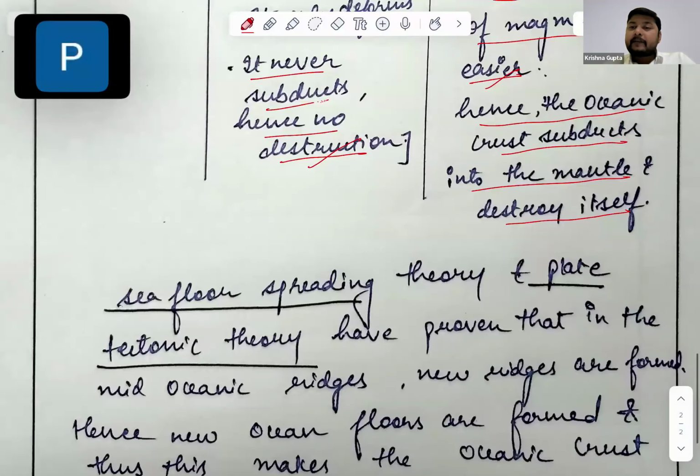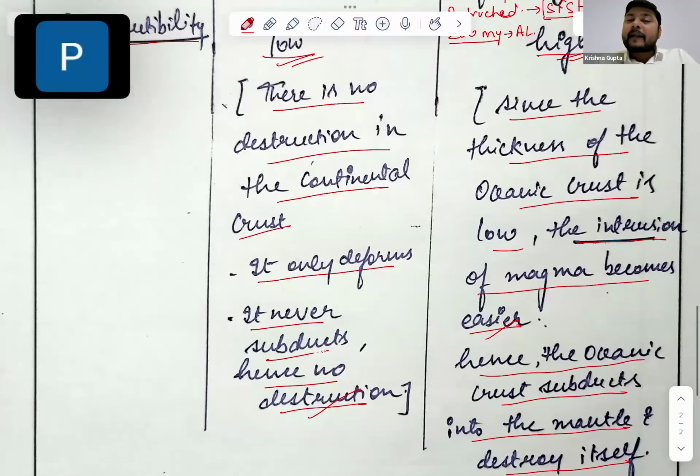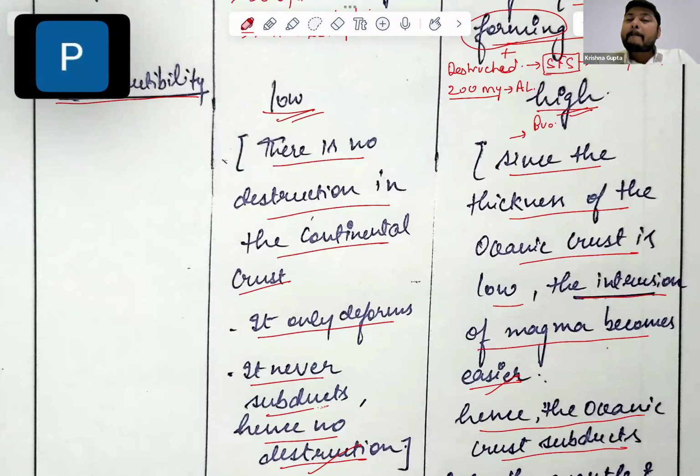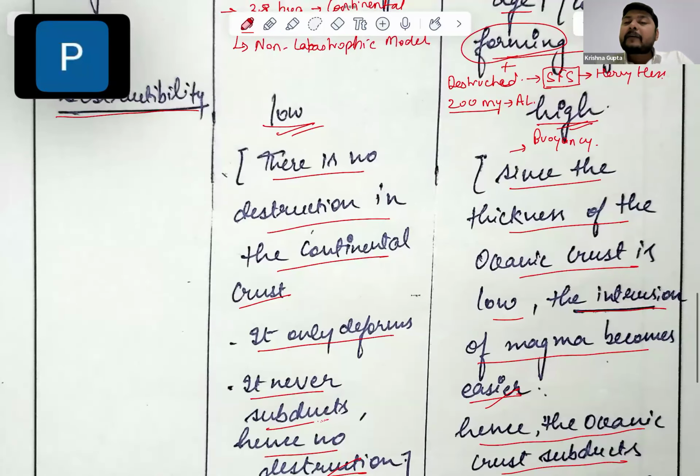Here we can also add the factor of buoyancy. We can also add the factor of the convection current, and it is getting formed near the mid-oceanic ridges and it is getting destructed at the trenches.